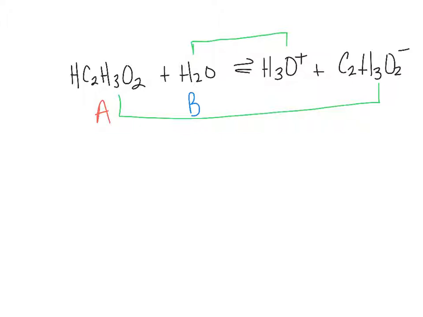If acetic acid is our acid, that means our acetate, or our ethanoate ion, is the conjugate base. If water is our base, the hydronium ion is our conjugate acid.